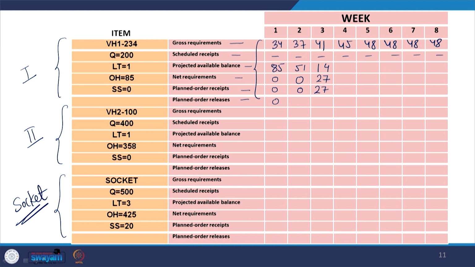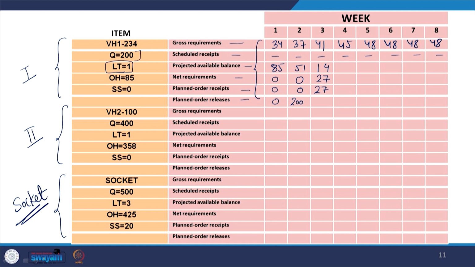Now, you see that lead time is 1, but there is one more condition given to you, that the order quantity or the production quantity should be 200 units. So, though you require 27, you will be giving an order of 200 units.